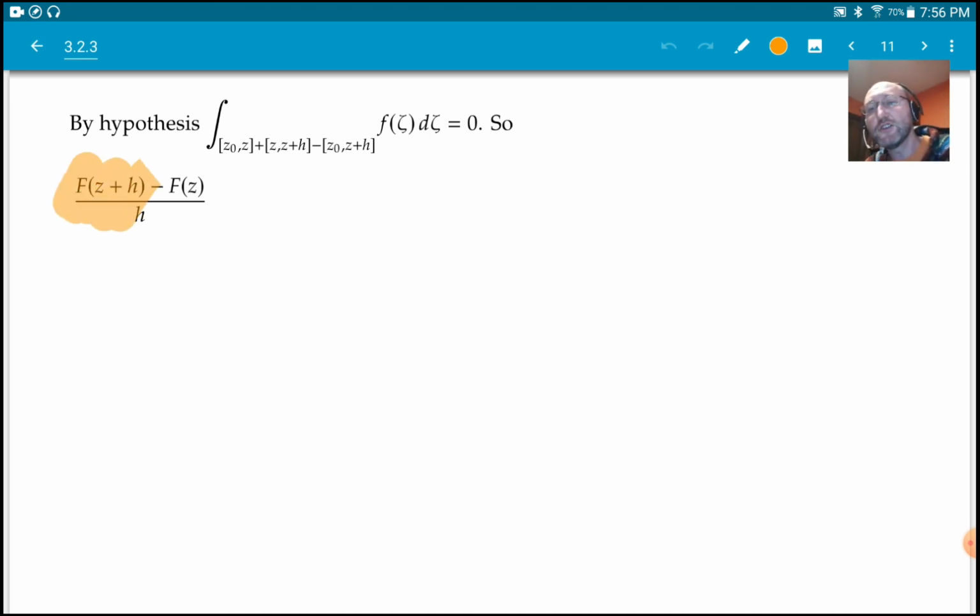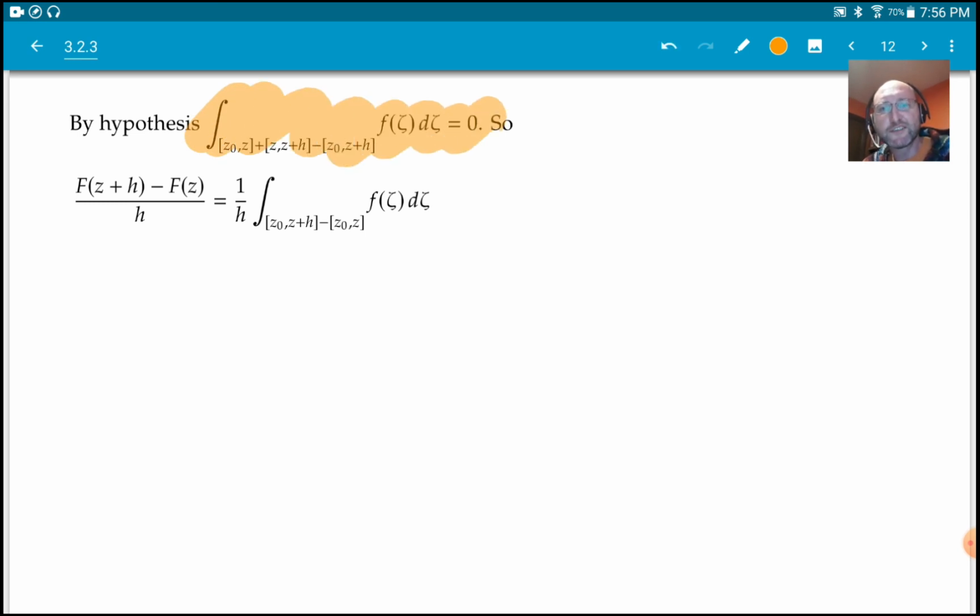So let's look at the difference quotient and write it down. What is the definition of this integral? It is the integral over this guy plus the integral over this guy minus the integral over this guy. I wrote it as minus because I'm supposed to be going from Z plus h to Z0, which is the same thing as minus Z0 to Z plus h.